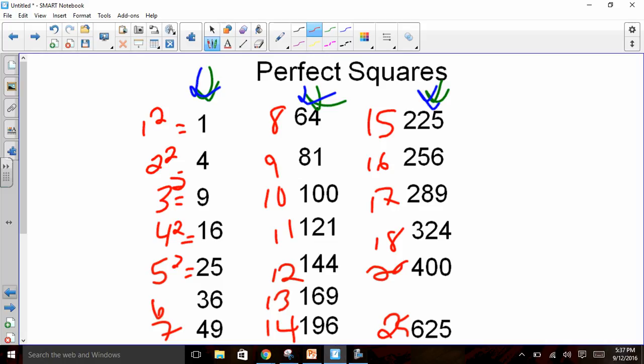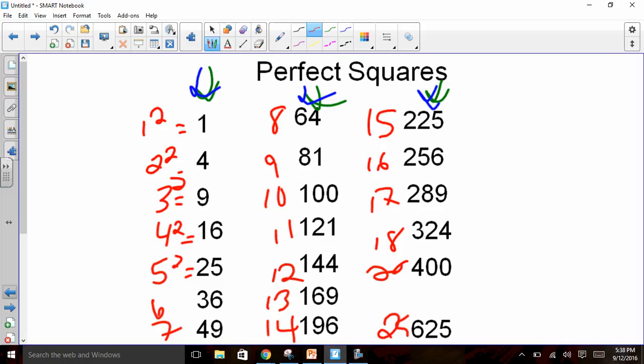Now you're probably thinking, well, hey, 48 divided by 4 gives me 12. But why don't you try 16? Does 16 go into 48? Yeah, it goes in 3 times, right? Well, why don't we want to use 4?